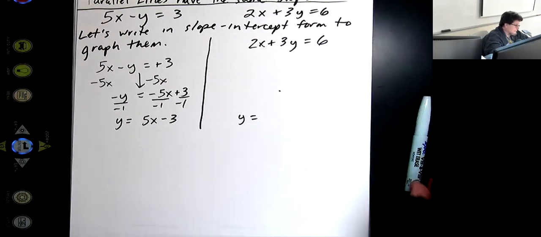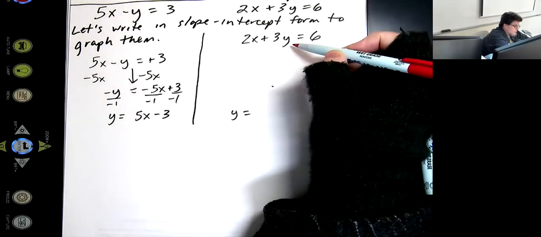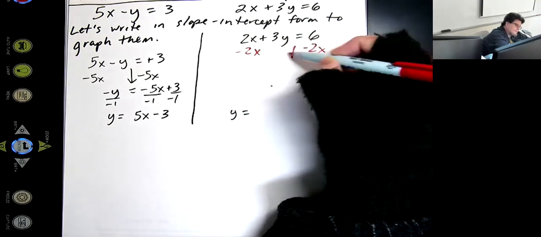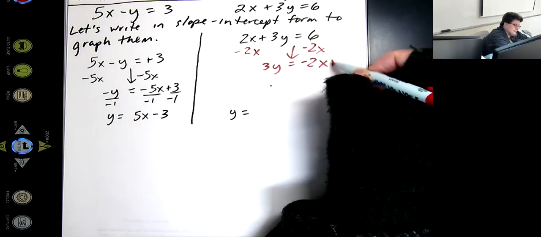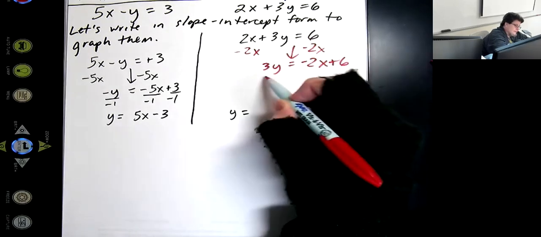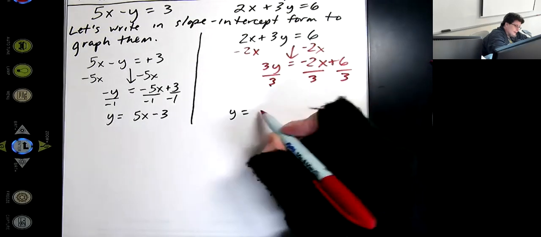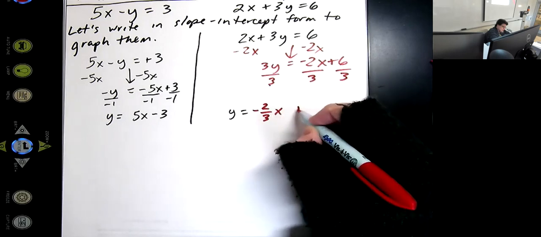All right. So we want to get y by itself, so we're going to move the 2x and get 3y equals negative 2x plus 6. If I divide by 3 on everything, I get y equals negative 2/3 x plus 2.